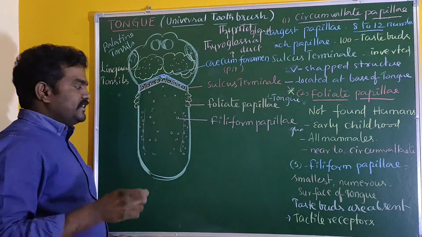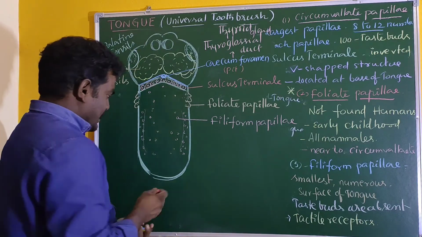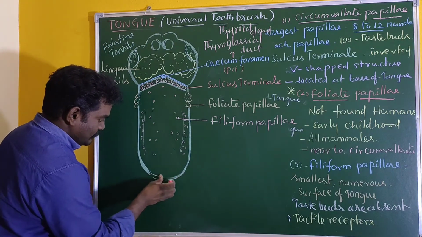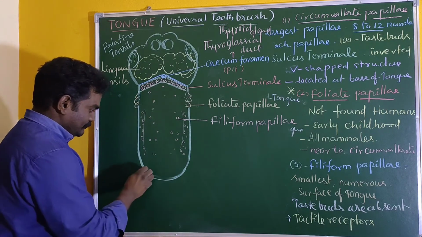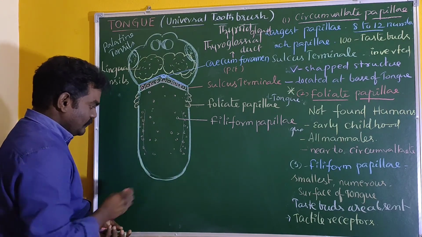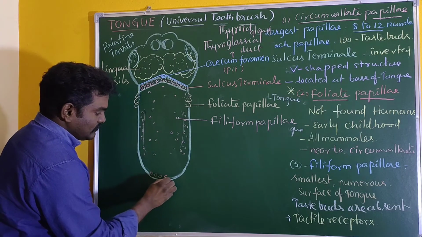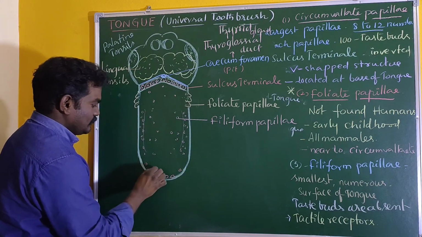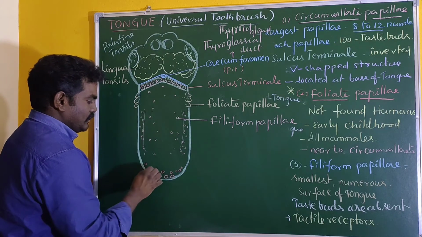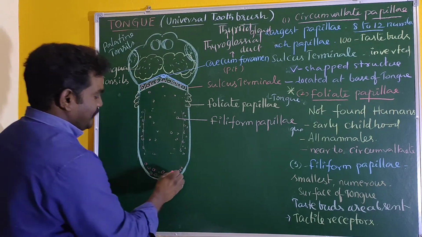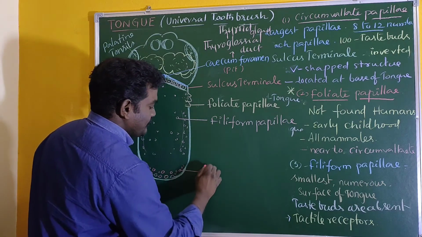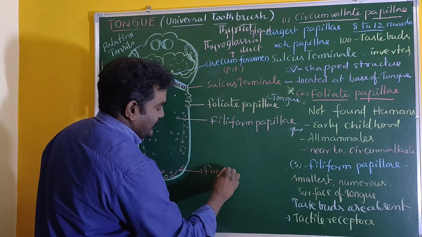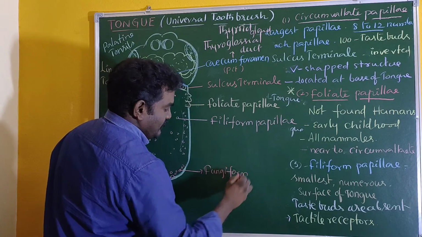These papillae do not have any kind of taste buds. At the tip of the tongue we find the fourth type of papillae in mammals, third in human beings. This is fungiform papillae.